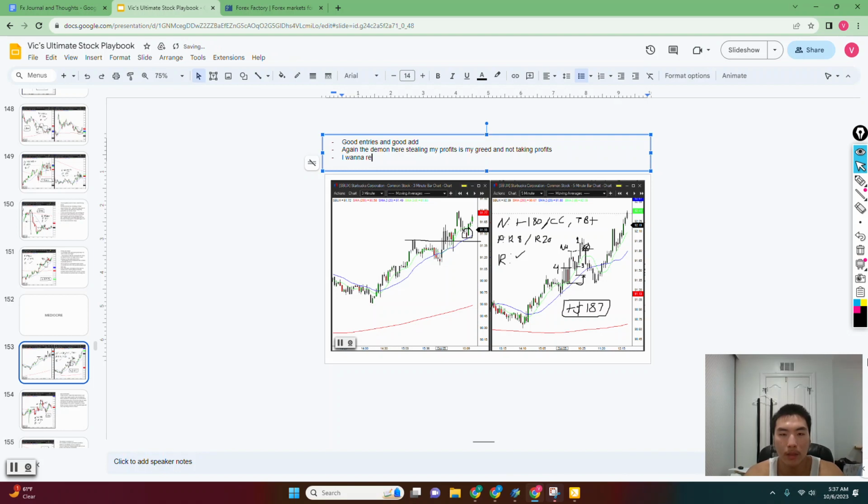I want a reason that I didn't quite have 50 cents on a $90 stock, but it did offer me a new high, and price was trading right into the whole number.